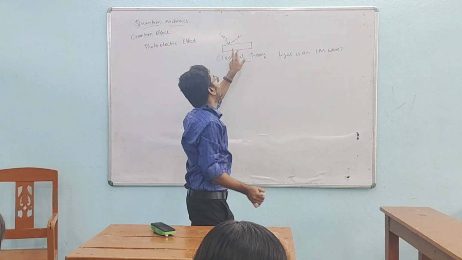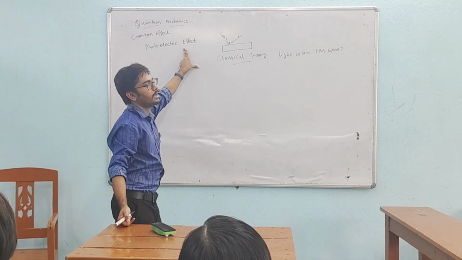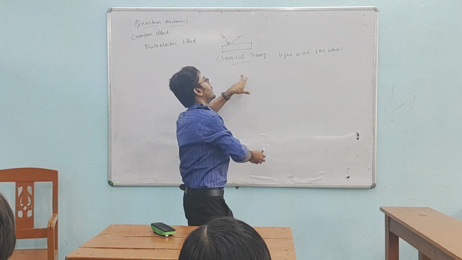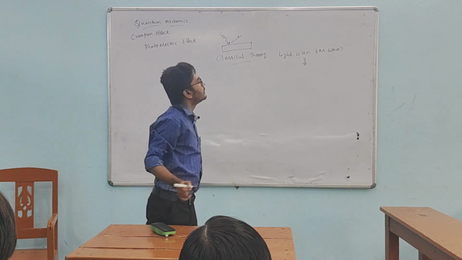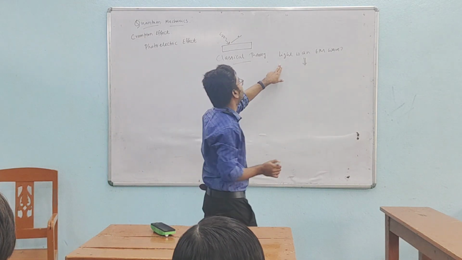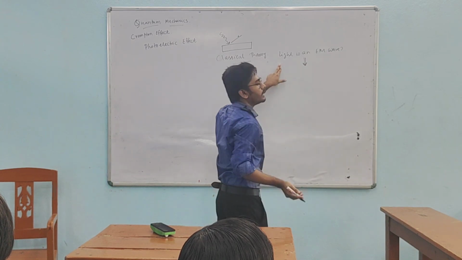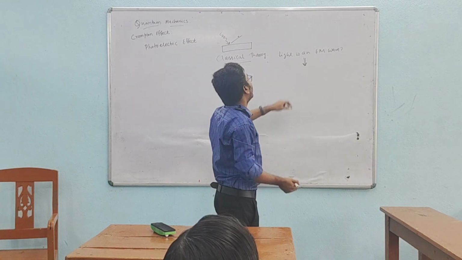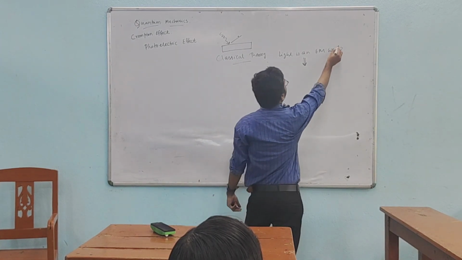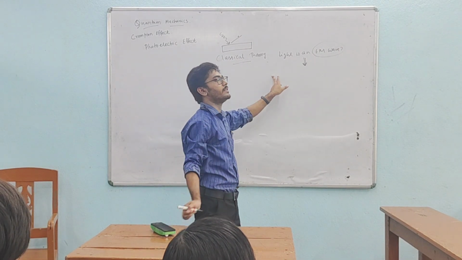Now this phenomenon, the photoelectric effect, does not support it, and there is another suggestion which comes from Planck's hypothesis: we cannot think that light is only an electromagnetic wave, but it also has some particle nature.